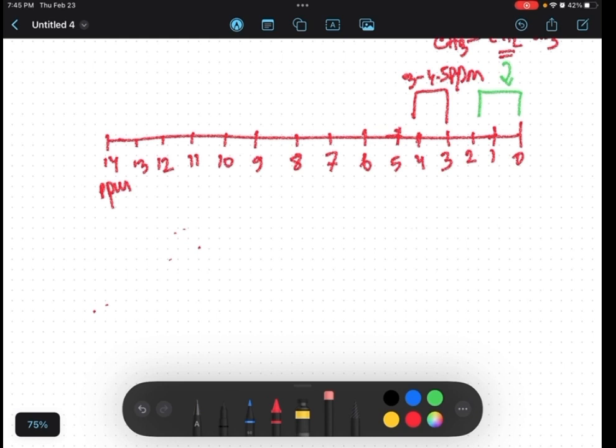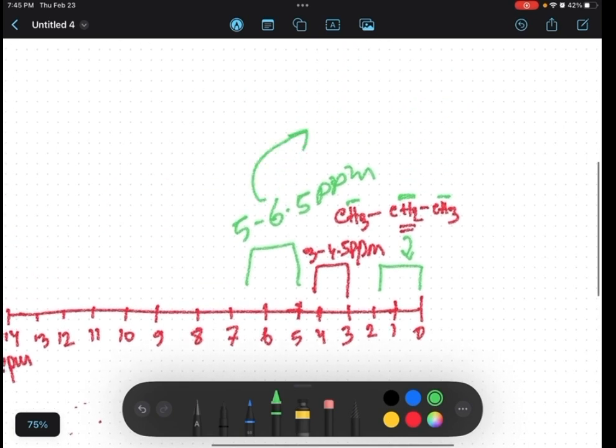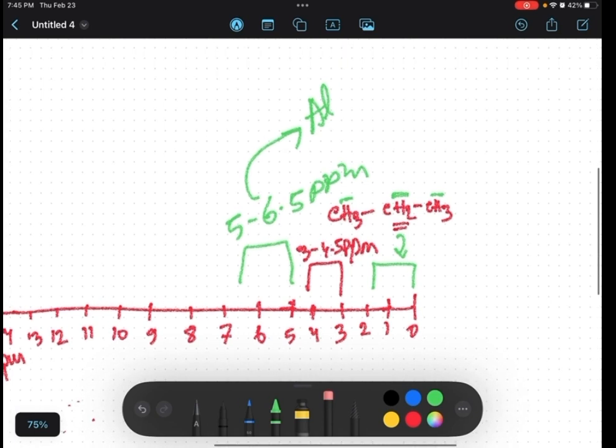If you see any peak around 5 to 6.5 ppm, it can be alkene or vinylic protons.